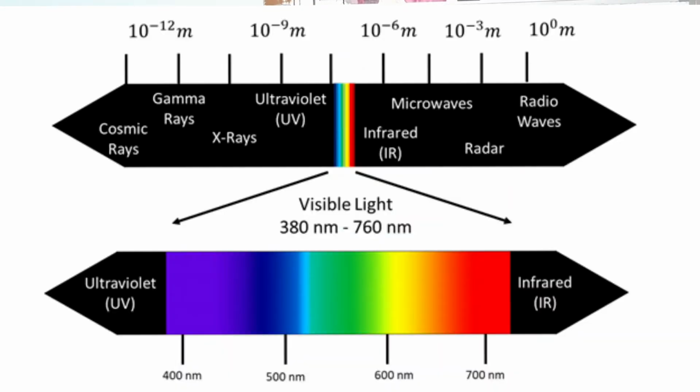Now we will discuss what the electromagnetic spectrum is. Generally, electromagnetic waves have a wide variety of frequencies and wavelengths.